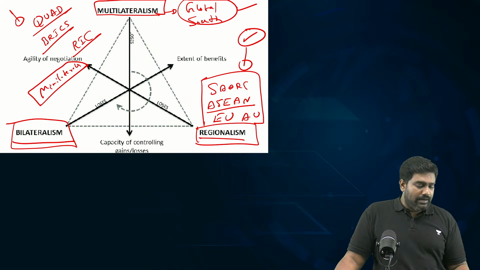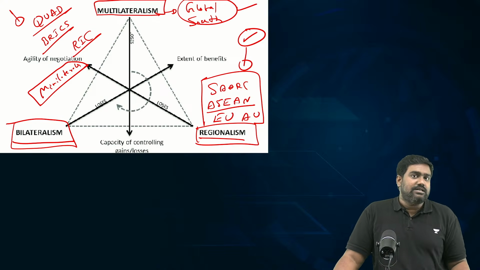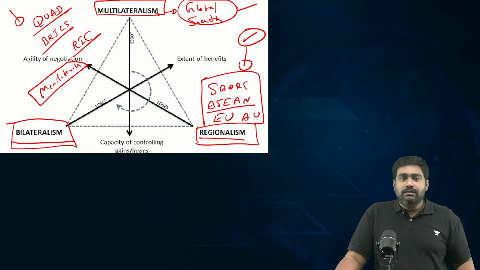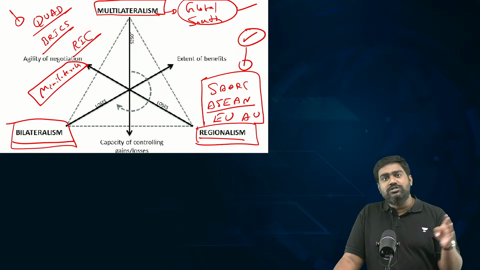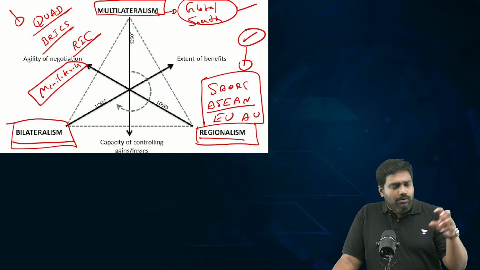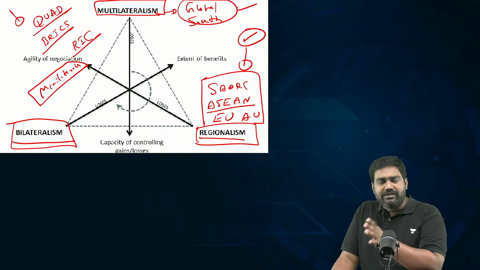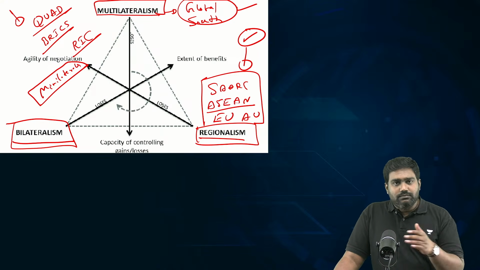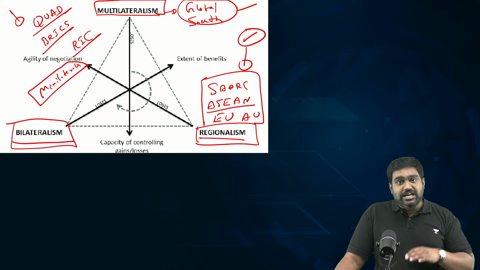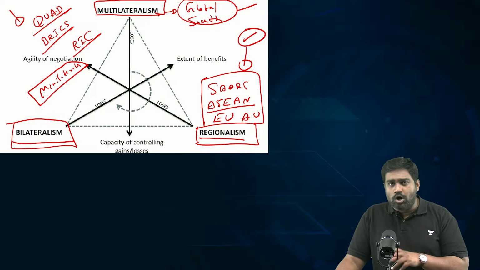But problem is it will ignore the small powers, doesn't give them a voice. Minilaterals have their advantage again. In smaller groups, you can achieve more, but it will only create exclusive clubs, a club of elite countries, a club of developing nations. This again creates its own problems. So all these methods of engagement, they have their pros, they have their cons.